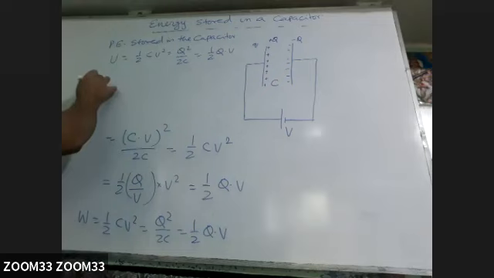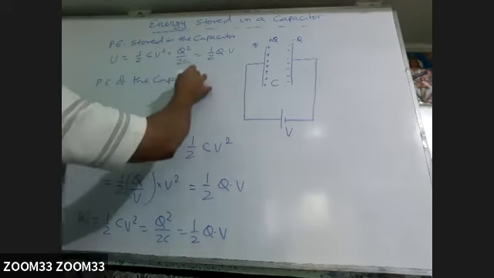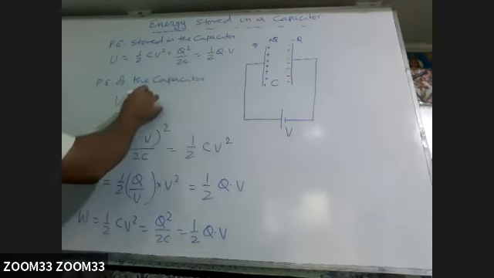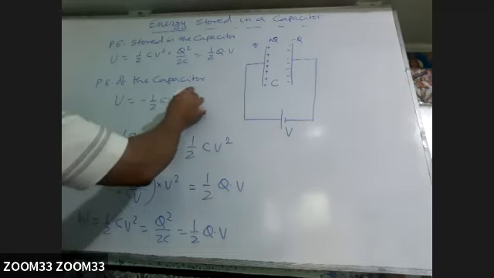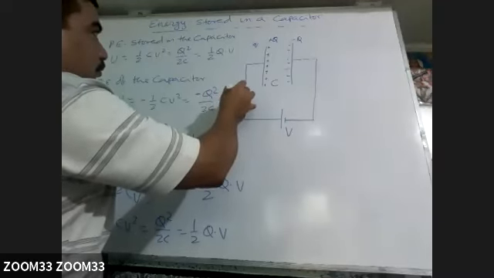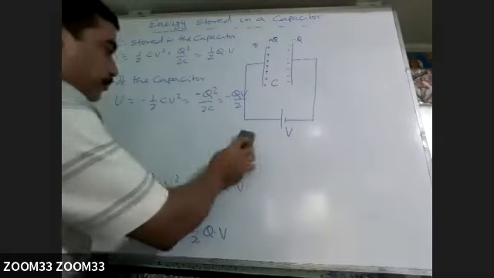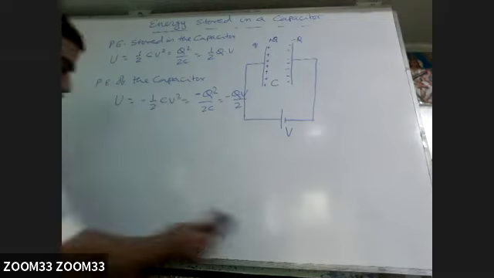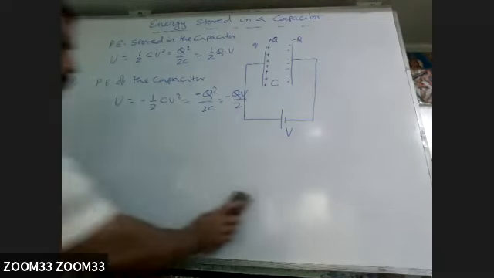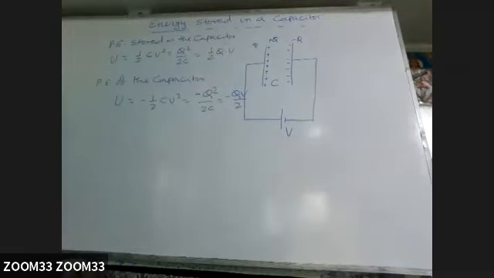Or simply, if it is asked potential energy of the capacitor, this U will be minus sign. So this will be the potential energy of the capacitor.